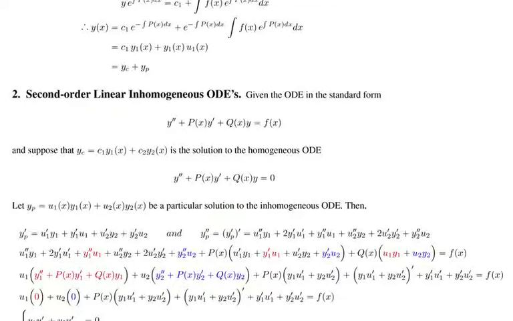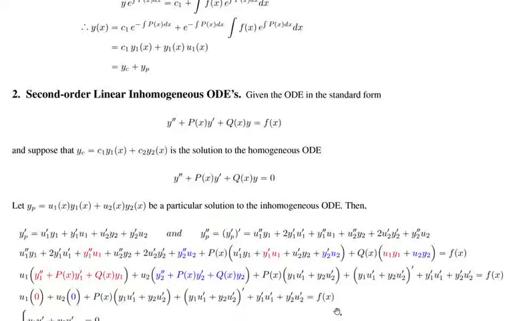Once we find them, we can deduce the value of those two functions u1 and u2. But I have just one equation with two unknowns, u1 prime and u2 prime. To be able to find my two unknowns, I need two equations.